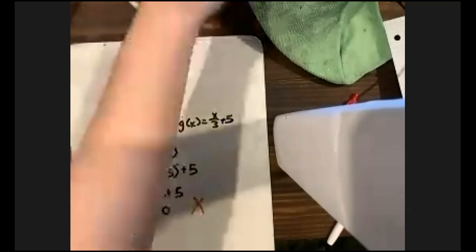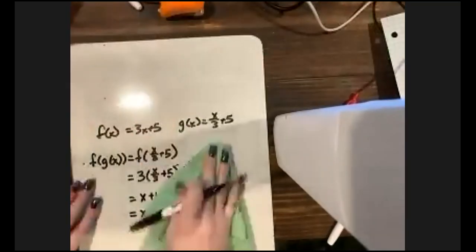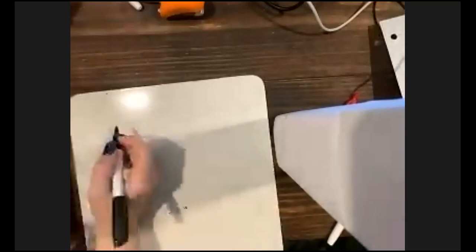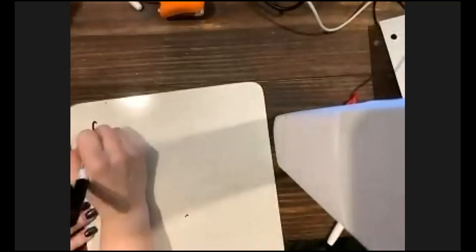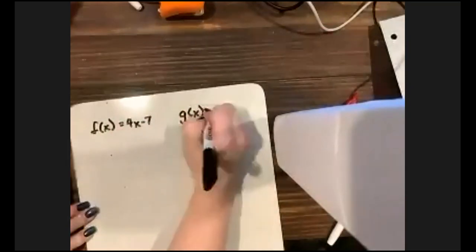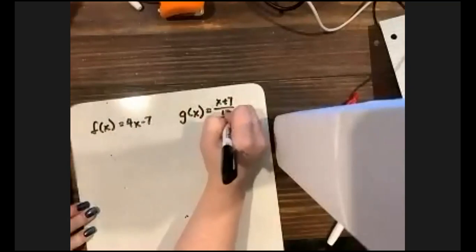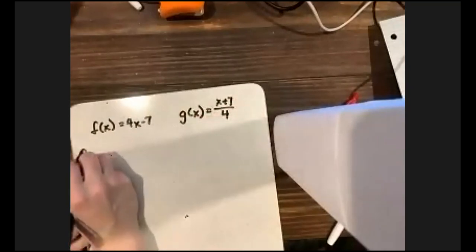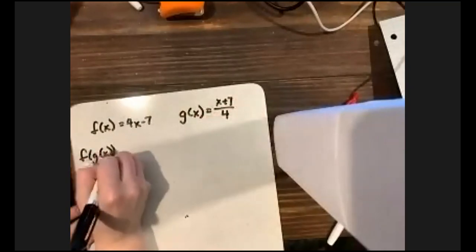None of that. So we're going to look at another one so you can kind of see what this process will look like. So we're going to have f of x is 4x minus 7. g of x is going to be x plus 7 over 4. So we're going to start with f of g of x.